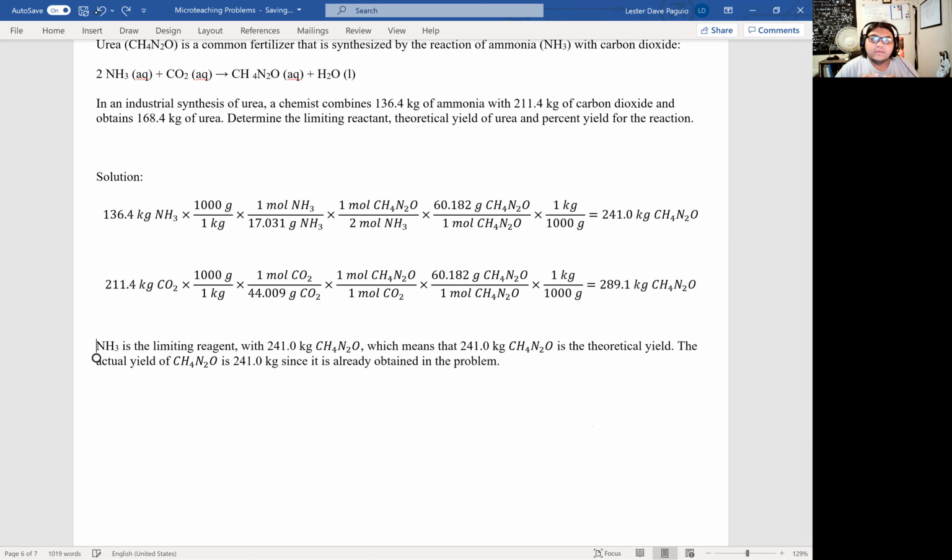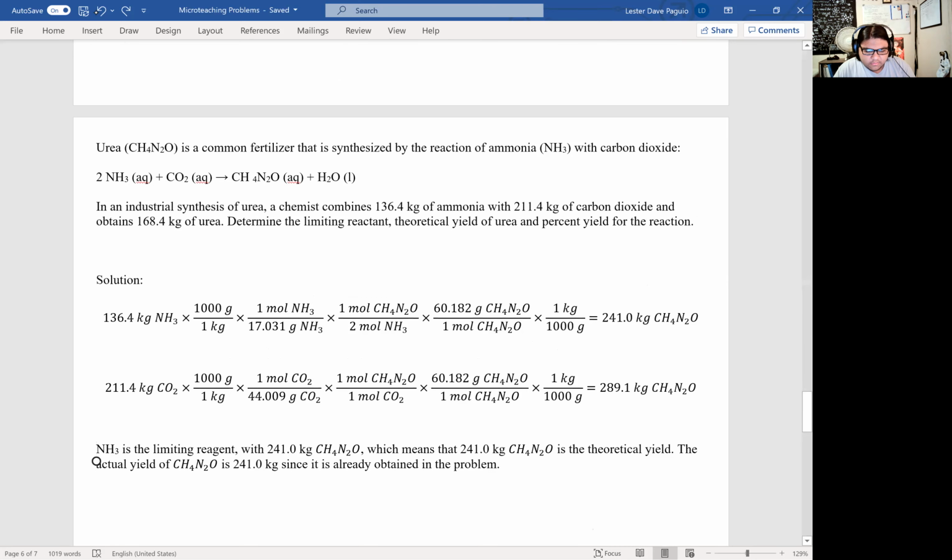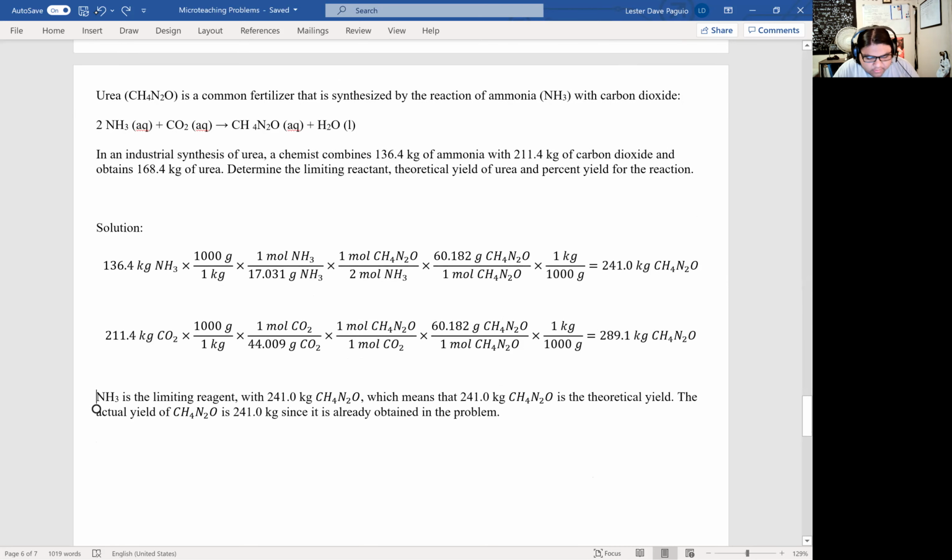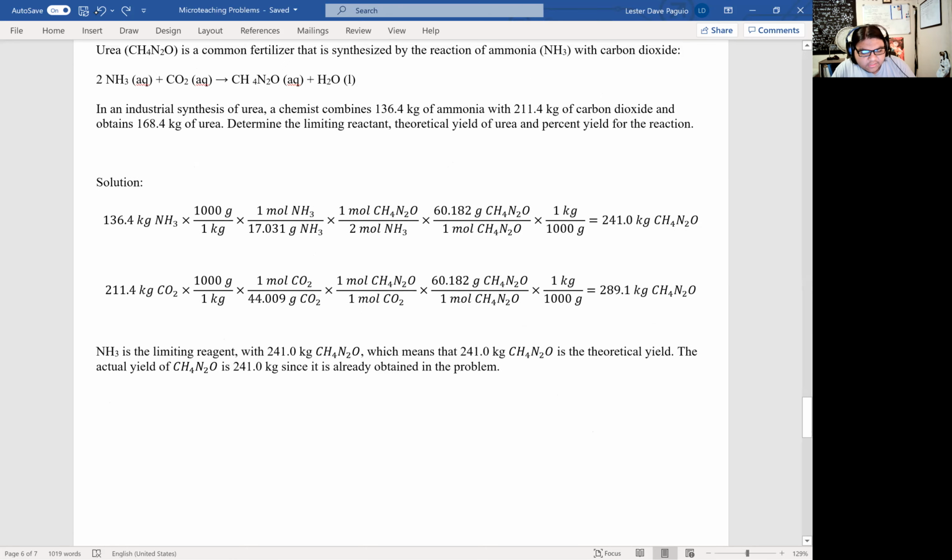The actual yield of urea is actually 168.4 kilograms of urea, since it is already obtained in the problem.